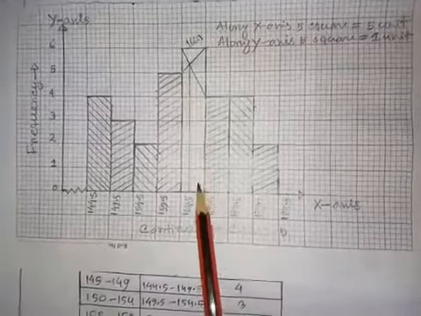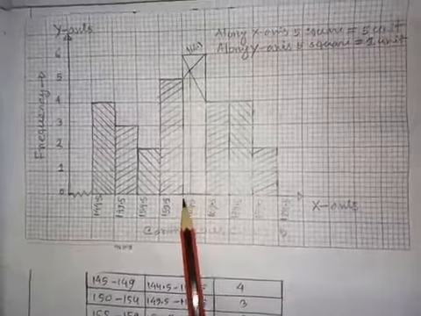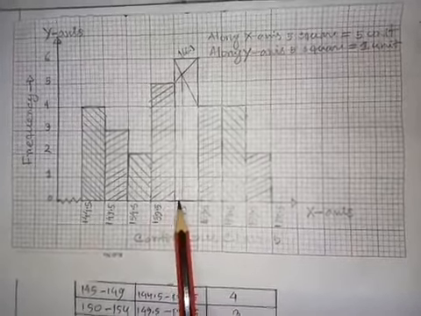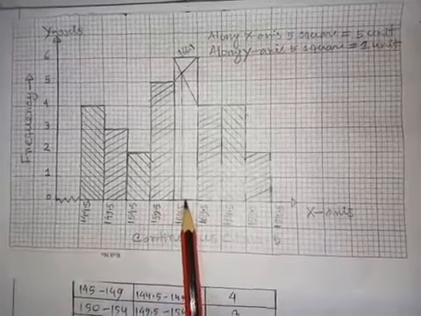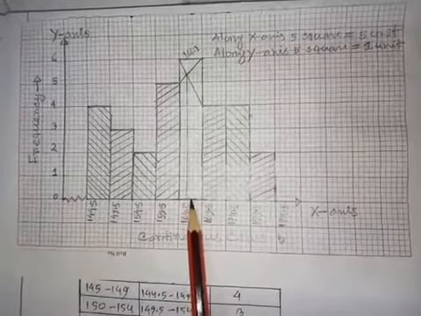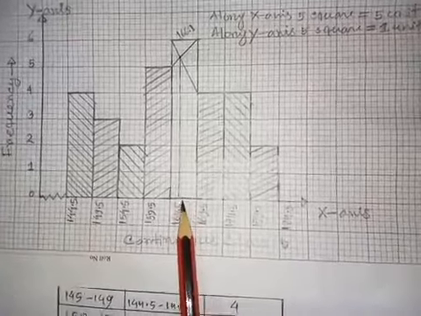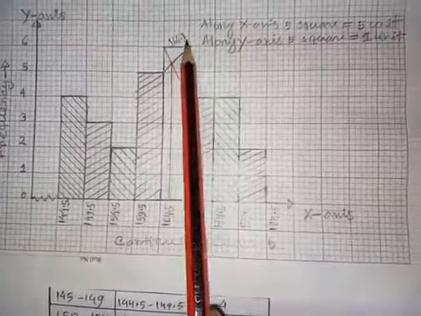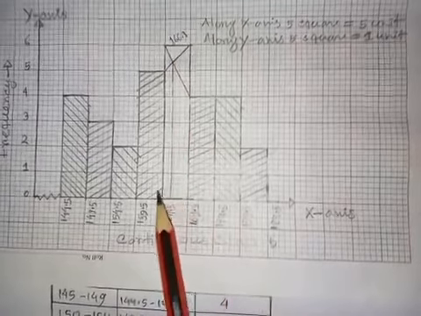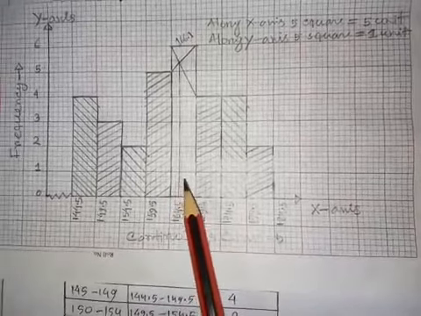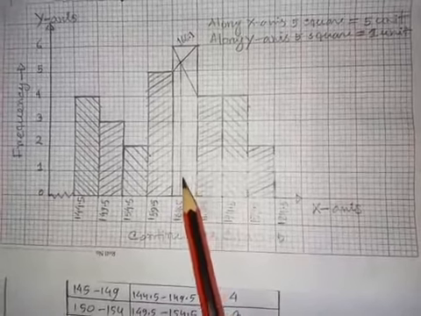If you check from here, this one is 164.5, next is 165.5, then 166.5. So this is between 165.5 and 166.5, very close to 166.5. This is how we draw the histogram and find the mode from it.